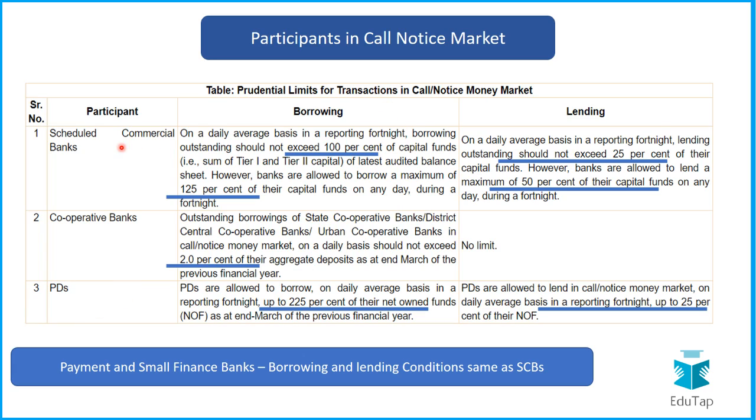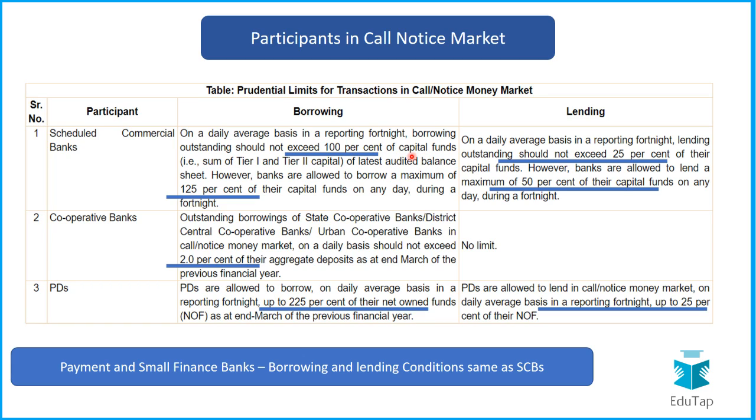For scheduled commercial banks, what are the restrictions with respect to borrowing? Basically, if we calculate the average for 15 days, because this data is reported on a fortnightly basis, and we calculate the amount they have borrowed as an average for the 15 days, then the amount they are borrowing should not exceed 100% of the capital funds.